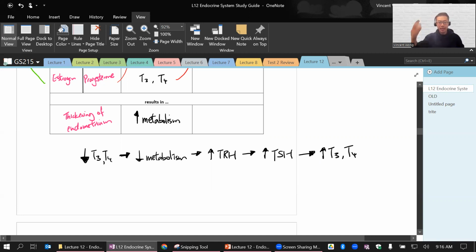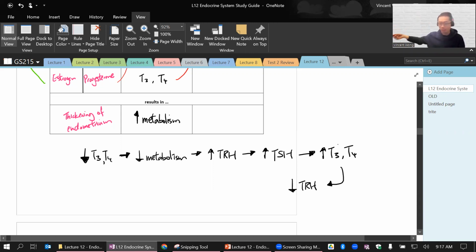Now, through negative feedback, it's going to go back to your hypothalamus. And then the next thing that's going to happen is it will suppress the release of TRH from the hypothalamus, right? You already have T3, T4 in your system now. Your metabolism is already increasing. You don't need to turn it up more, right? It's like the temperature of your furnace came on, temperature is going up.